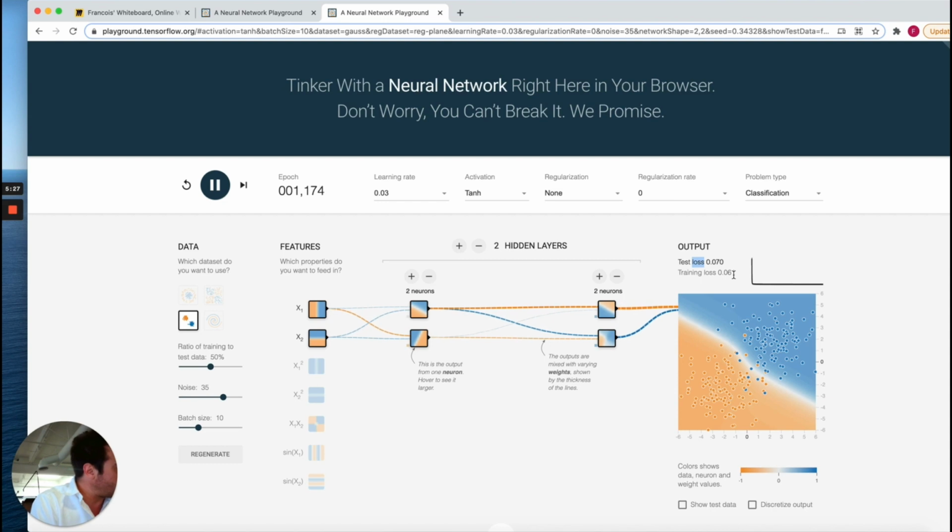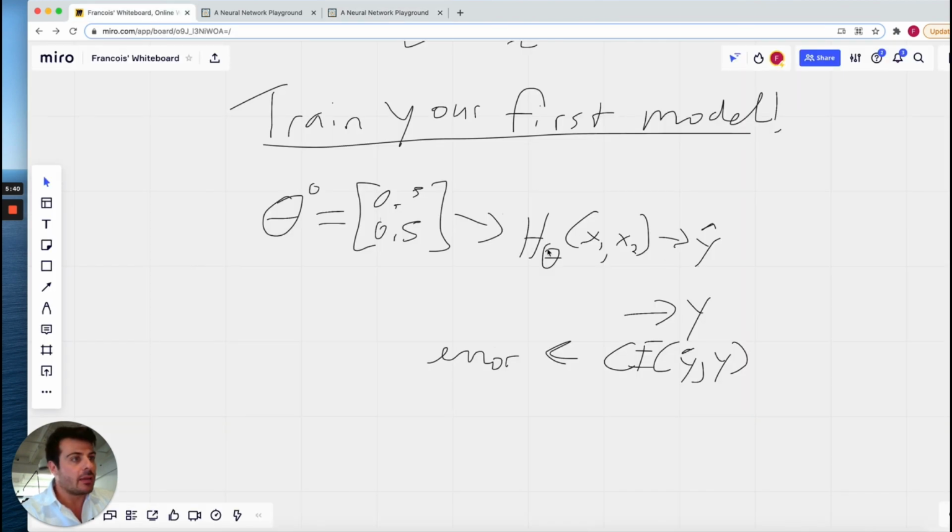And it tries this, it gets error, and then this is my error. And then I backpropagate that, so I go back here. I get my H theta, I predict y hat, I compare it to y via cross entropy, and then I get some error. Now I backpropagate that error back into my theta, and I get theta 1.